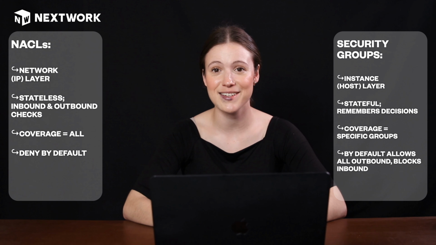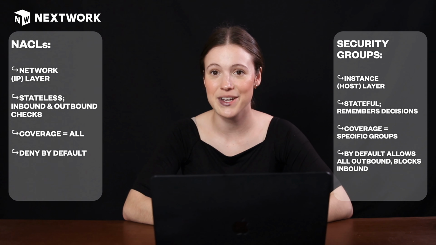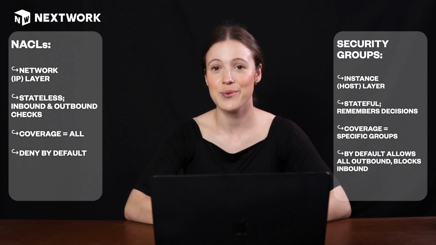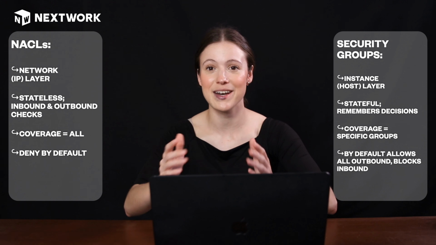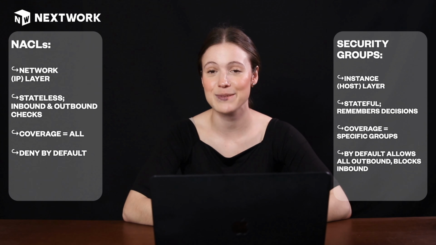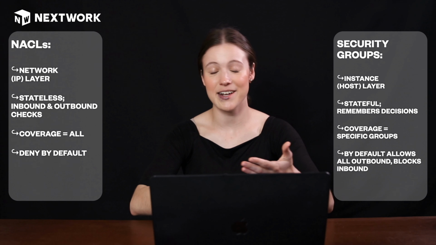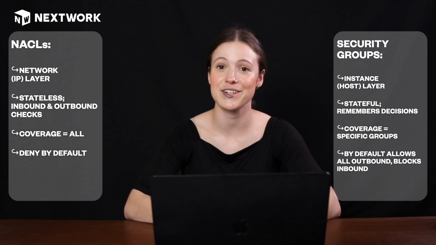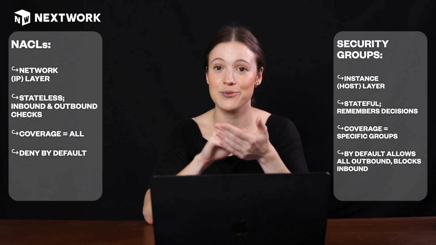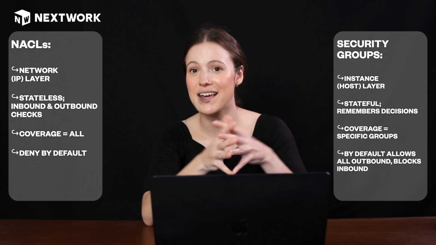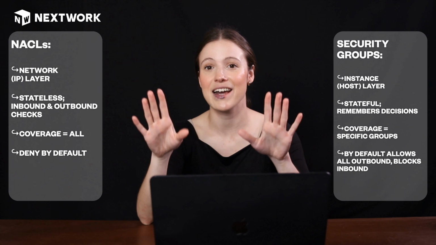Coverage-wise, access lists apply to everything that's going into a particular virtual private cloud, whereas our security groups are just for that one instance. Access lists have an explicit deny by default rule. This means that they've basically got a list of criteria which says let it in if it meets all these criteria, and if it doesn't meet that criteria, then just deny it straight away.